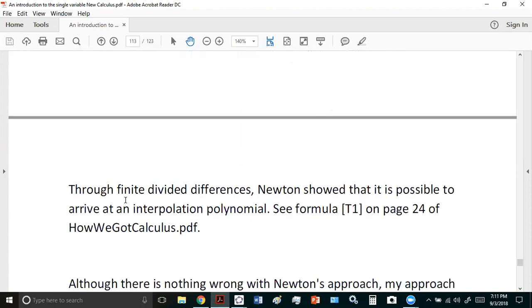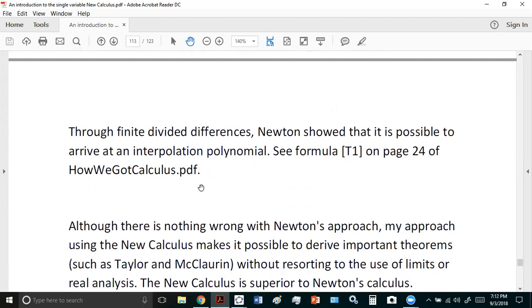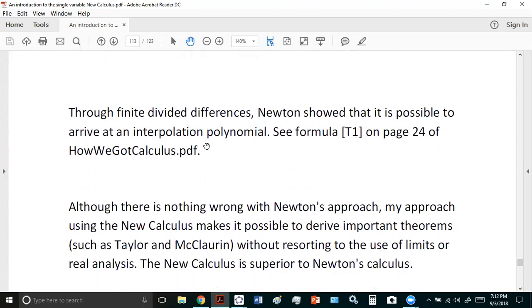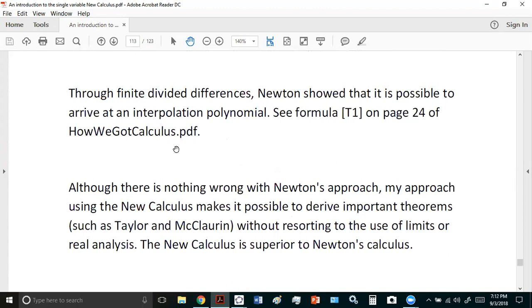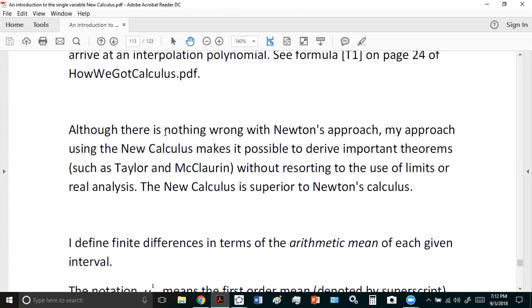So if you study how we got calculus, I discussed that in that document. I'll also put a link once again in the details section to this document, so you can study that if you want to and see what his interpolation polynomial looks like.